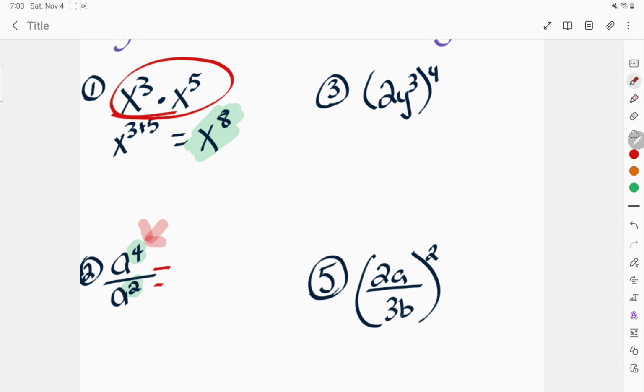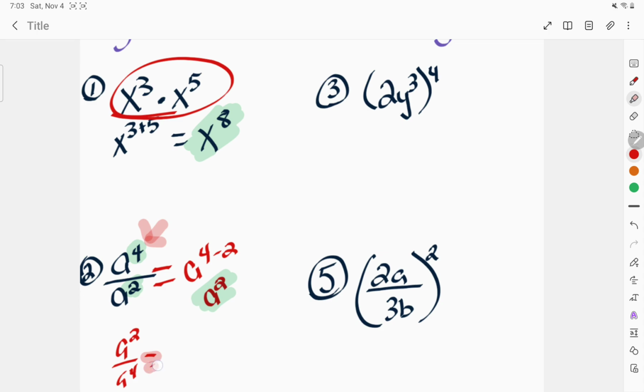If it had been a to the second over a to the fourth, then my answer would end up being a fraction. So the answer to this one is a, 4 minus 2, which equals a squared. And that is my answer right there.